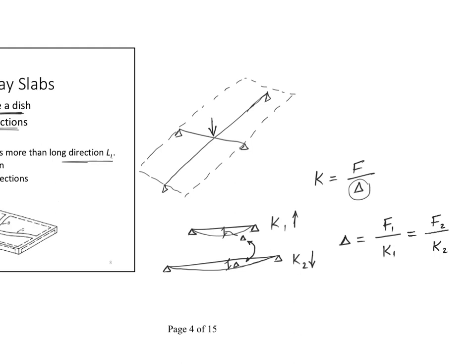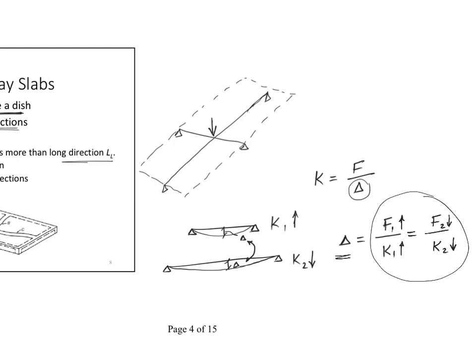So how much force I have? If K1 is the higher one and K2 is the lower one, to have them equal, because they have the same distance, the same displacement, my F1 will have to be higher than F2, right? To keep the same ratio.